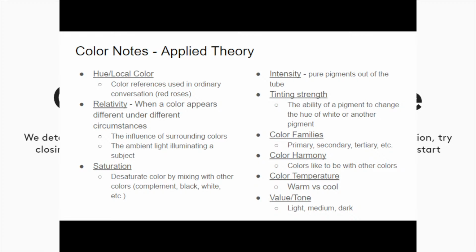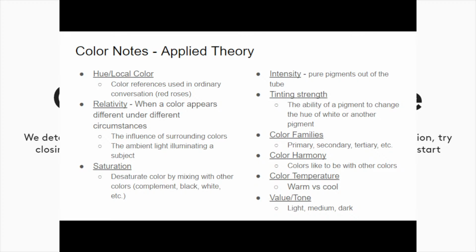Say I want to tint this white a different color, it's going to take a lot more, let's say, dark sienna than it will for cadmium red, because cadmium red has a higher tinting strength than this earthy pigment. That's just the nature of it.